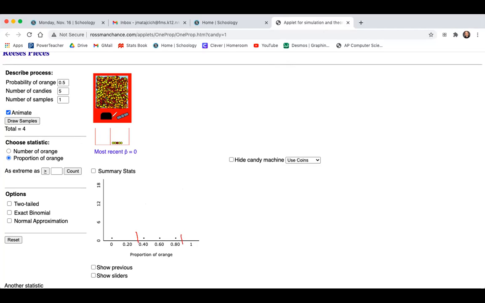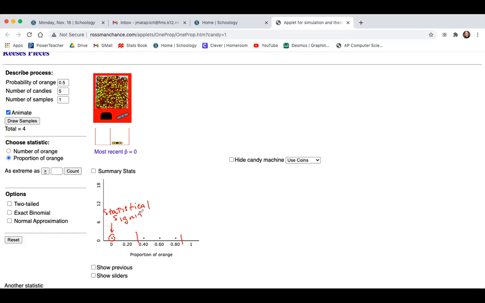And I just got this one. I just took 5 candies out of this bucket and got 0 orange candies. That seems super unlikely to happen, taking 5 candies and not getting a single orange piece. This would be statistically significant. This probably wouldn't happen just by chance.